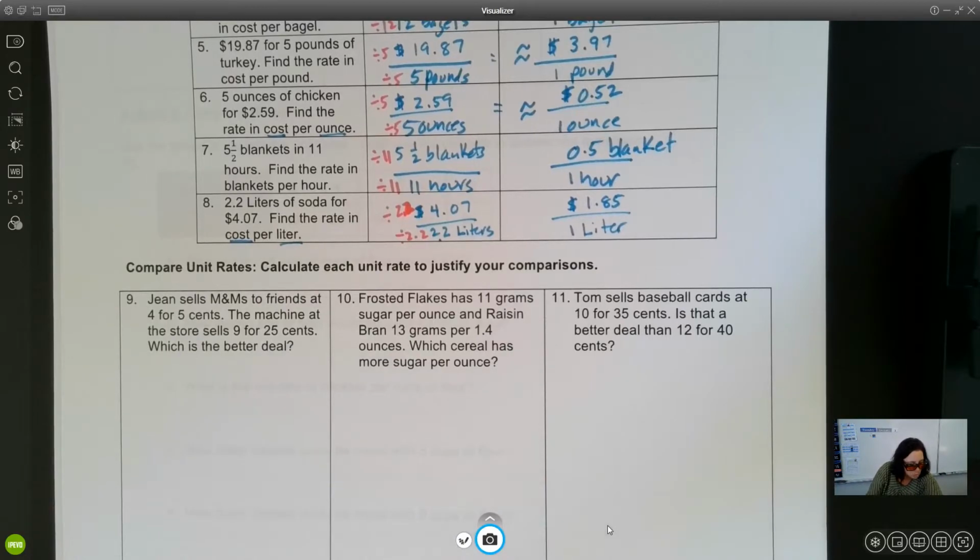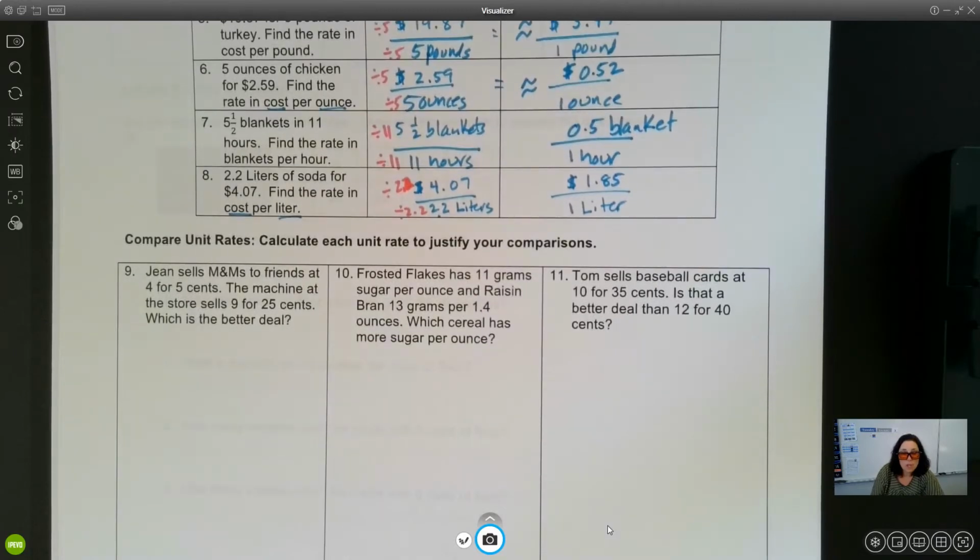It's really important to understand that you can either set up money over M&Ms or M&Ms over money. This is a very key concept. If you set up money over M&Ms, we want 1 M&M on the bottom, right?